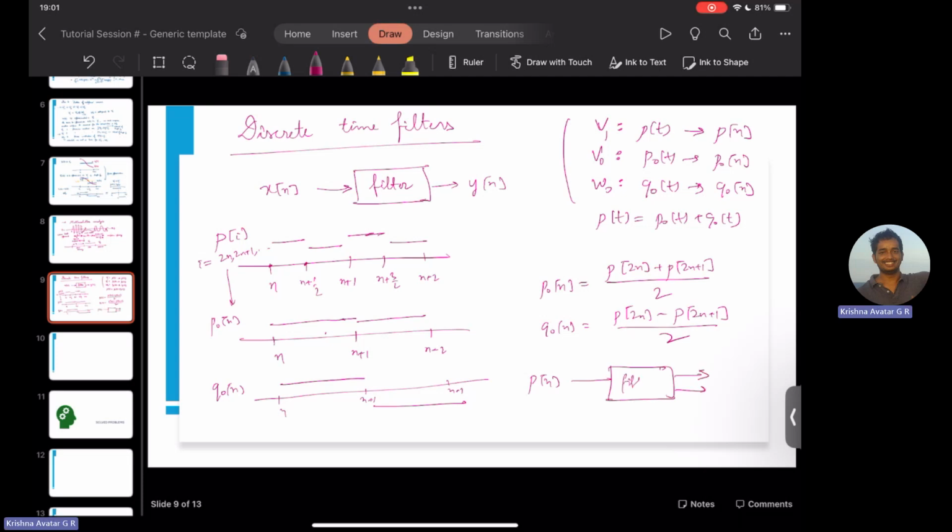It does what is called decimation, which means it will take two inputs at one time, P of 2n and P of 2n plus 1, add them up and throw out their mean, which is P naught of n. And it will take the difference and throw out Q naught of n. So it essentially downsamples. And we call this filter our decimator, and we denote it by a downward arrow and 2.